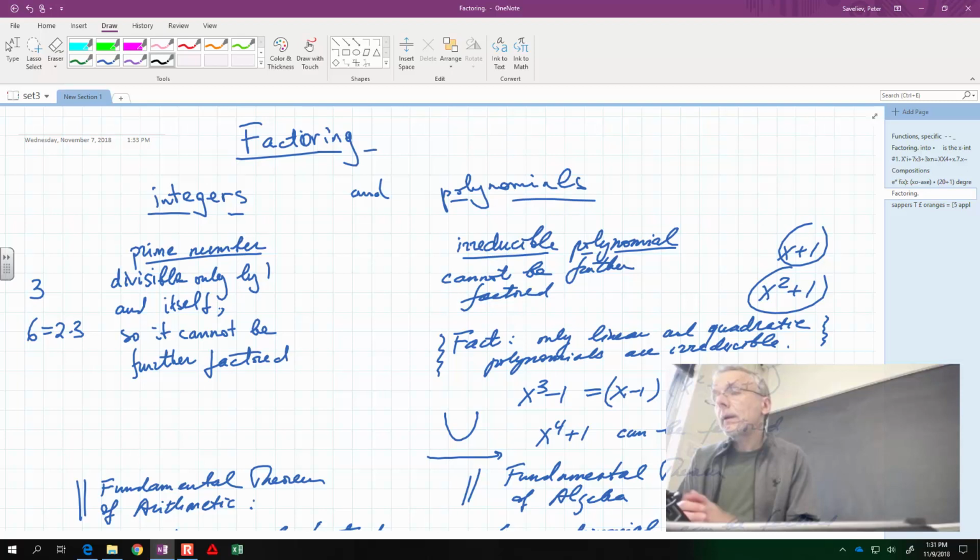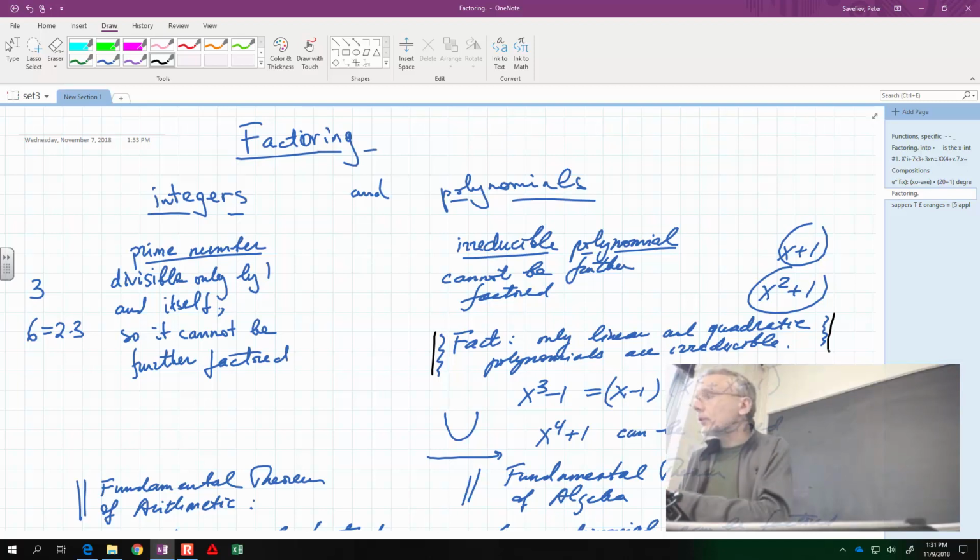Every number can be represented uniquely as a factored integer, and similarly, every polynomial can be represented uniquely as factored into irreducible polynomials. The important thing here is that there cannot be other irreducible factors other than linear and quadratic. If you are willing to deal with complex numbers, then they all will be linear. So every quadratic polynomial can still be factored, even if irreducible otherwise.